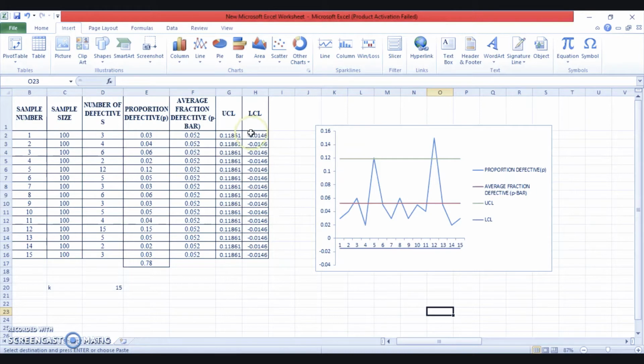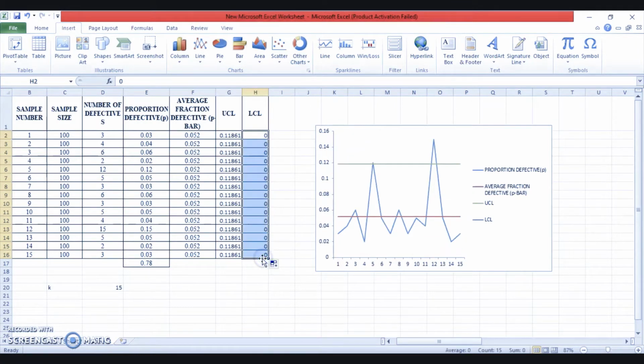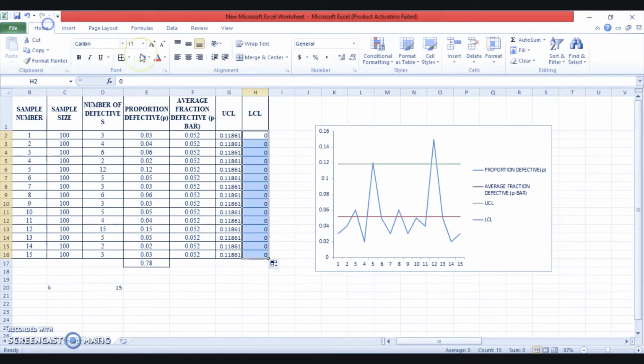We cannot have a negative value as a lower control limit, so we set it to 0 and denote the limit as LCL. So although we found the value of this LCL to be this, we will replace it with 0 and make changes in the line chart like this.